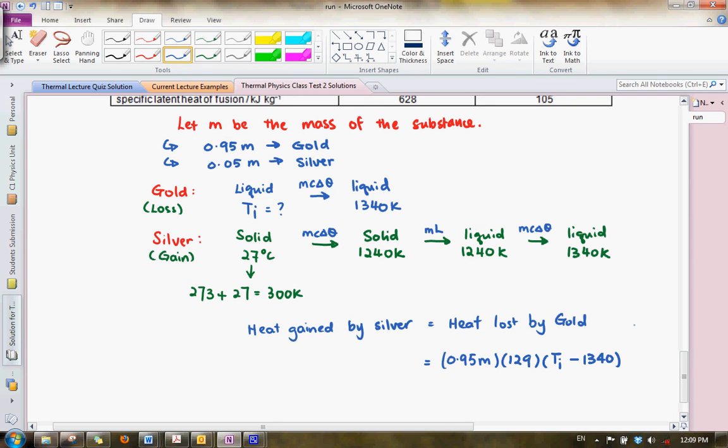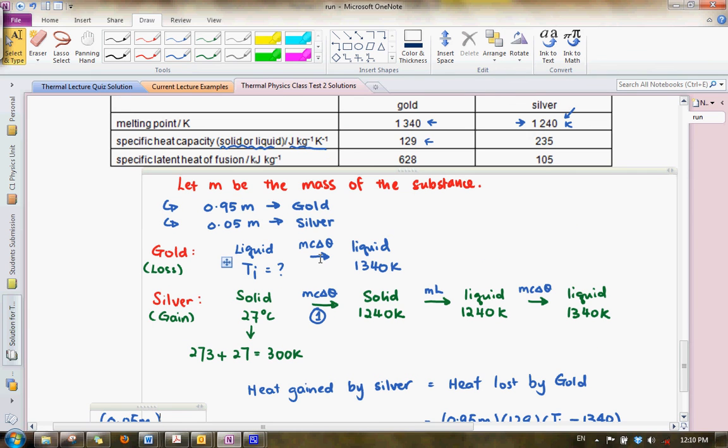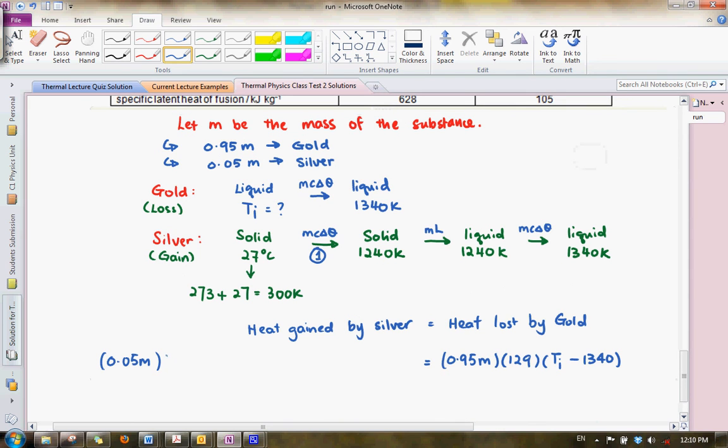So this is one side of our equation. The other side of the equation is a bit longer. It first undergoes the first stage, temperature change, so that would be 0.05 M times the specific heat capacity of silver, seen from the table, which is 235.